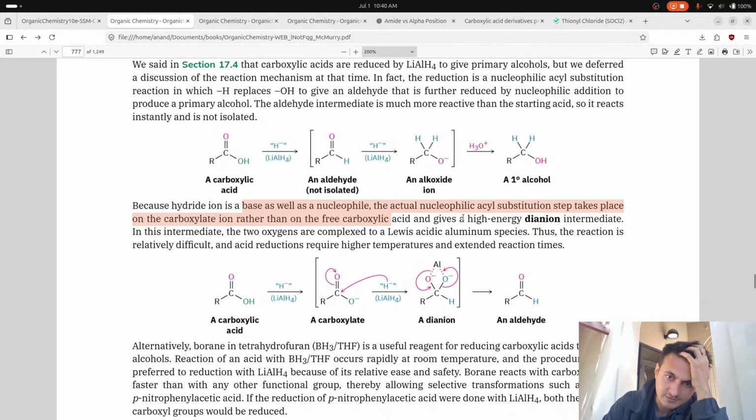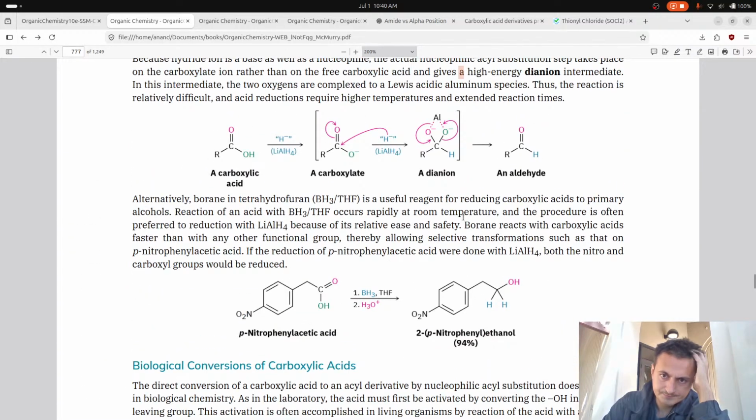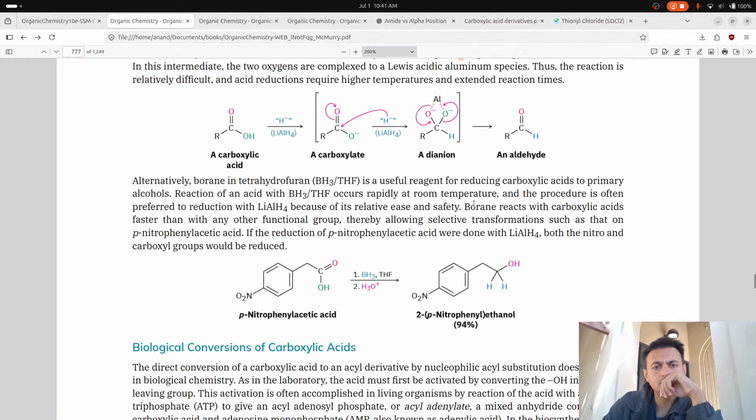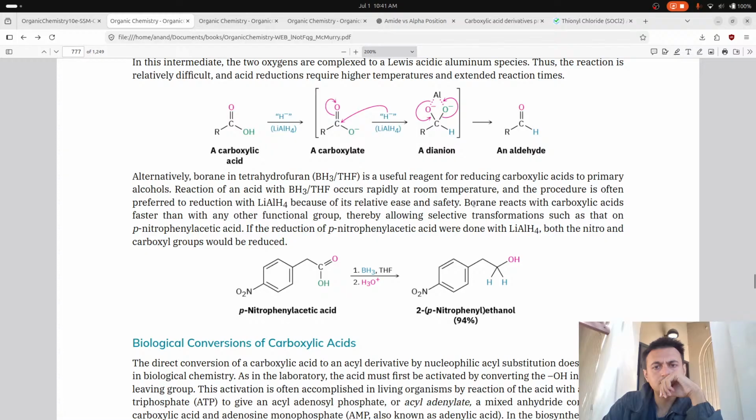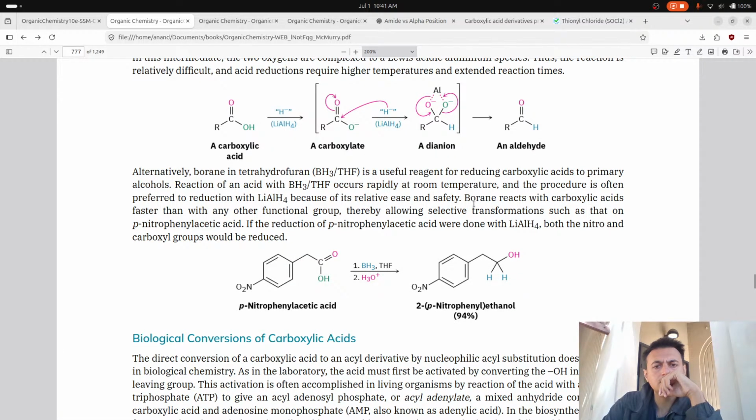Oh, interesting. Oh, it's a geminal dianion. It's not like what we saw yesterday where there was actually a 2 plus charge or a 2 minus charge on something.